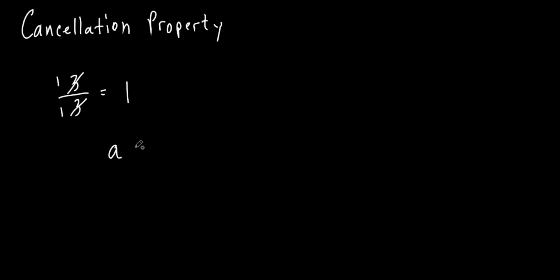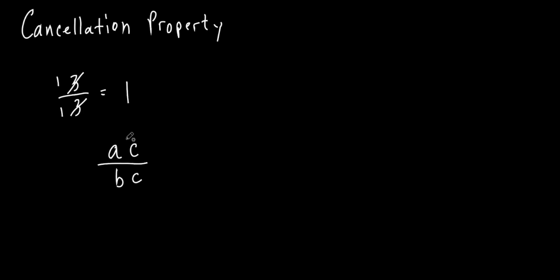For instance, if I had AC over BC, you have the same number being multiplied. Notice, it's being multiplied. This does not work if they're being added. If this was A plus C, you can't cancel them out. Everybody hear me? That's super important. Out of anything I've said today, that might be the most important thing.